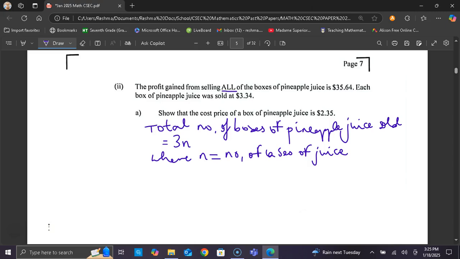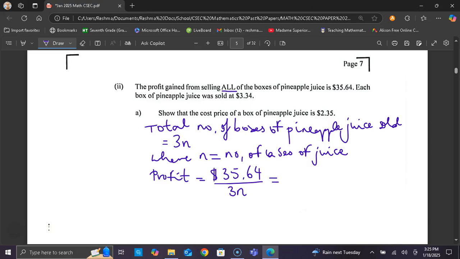So the profit for 1 box of pineapple juice would therefore be the total profit, which is $35.64, divided by the total number of boxes, which is 3n.